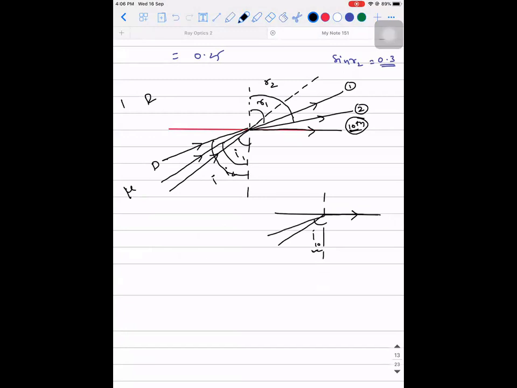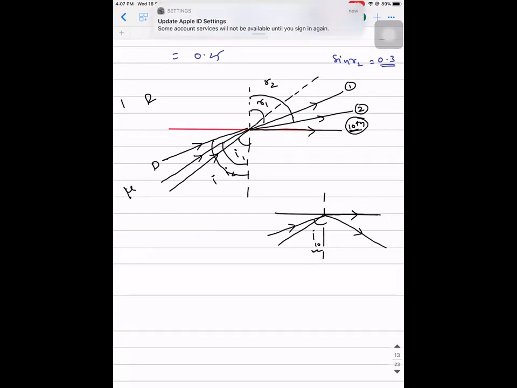If you increase it even more, the refracted ray will get bent more in the clockwise direction. So what will happen to the refracted ray? It will move inside. Means there will occur a scenario where the ray, instead of getting refracted, will get reflected back into the same medium. Since this is happening internally, we call it internal reflection.